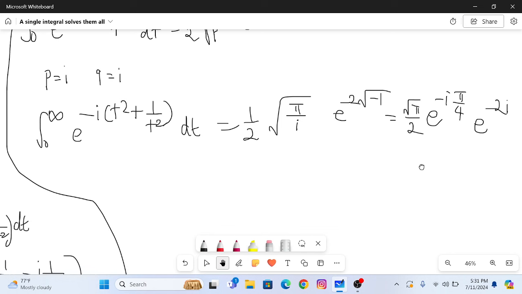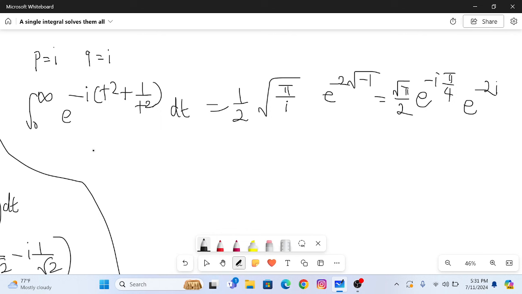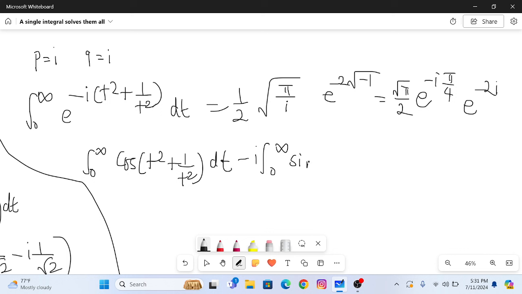Now in the left hand side we have the integral from 0 to infinity of, now when I take cos of negative values it's positive, so it won't really matter, cos of t square plus 1 by t square dt. Yes, but for sine it will matter because sine is an odd function. That's why minus i times the integral from 0 to infinity of sine of t square plus 1 by t square dt.